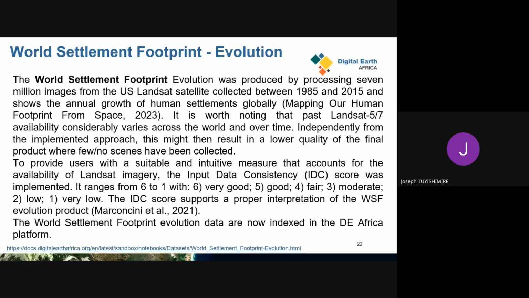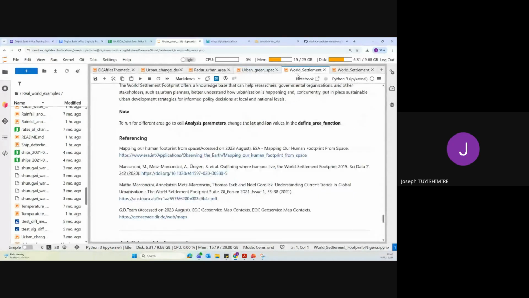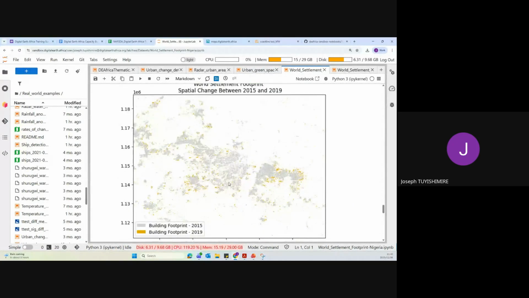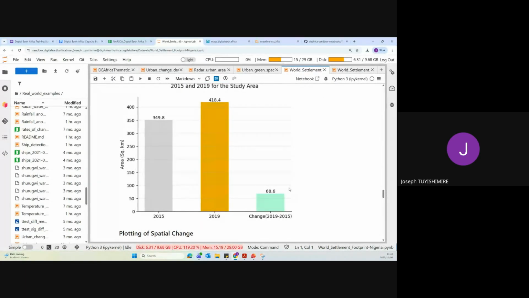And of course, if we go back to Abuja in the notebook, on the settlement footprint, you see that Abuja increased by approximately 68.6 square kilometers over a period of 4 years.